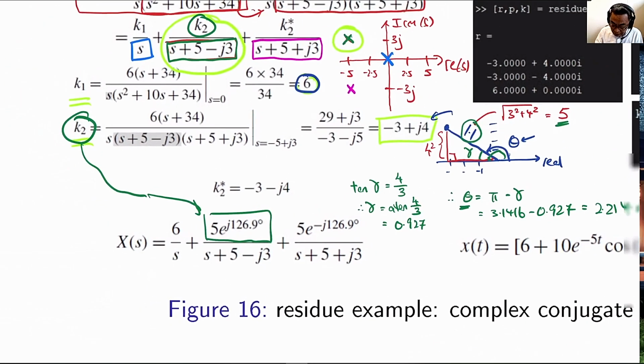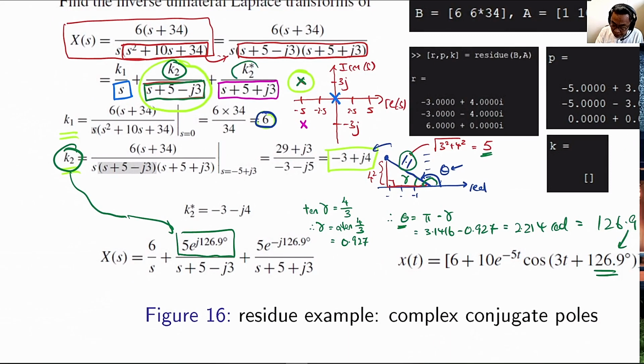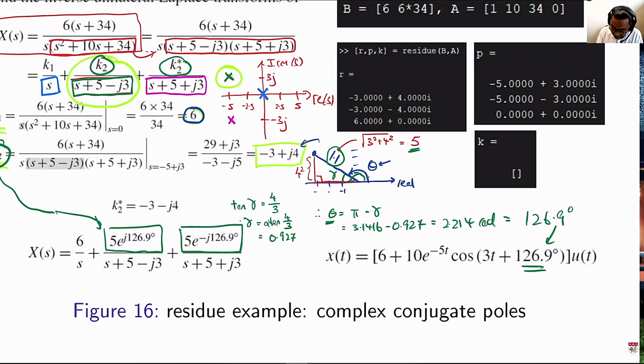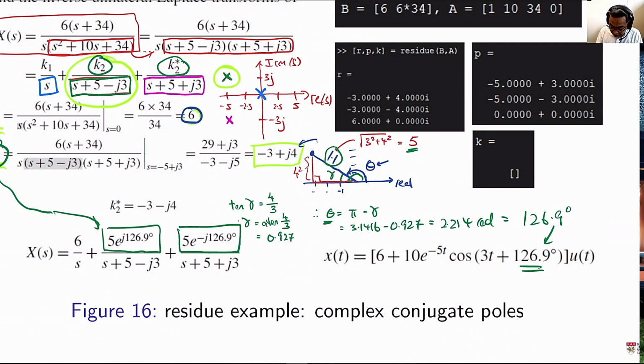And what about the last one? The last one is K2 conjugate, because this comes in pairs. The conjugate also has magnitude 5, but the angle is now minus 126.9 degrees.